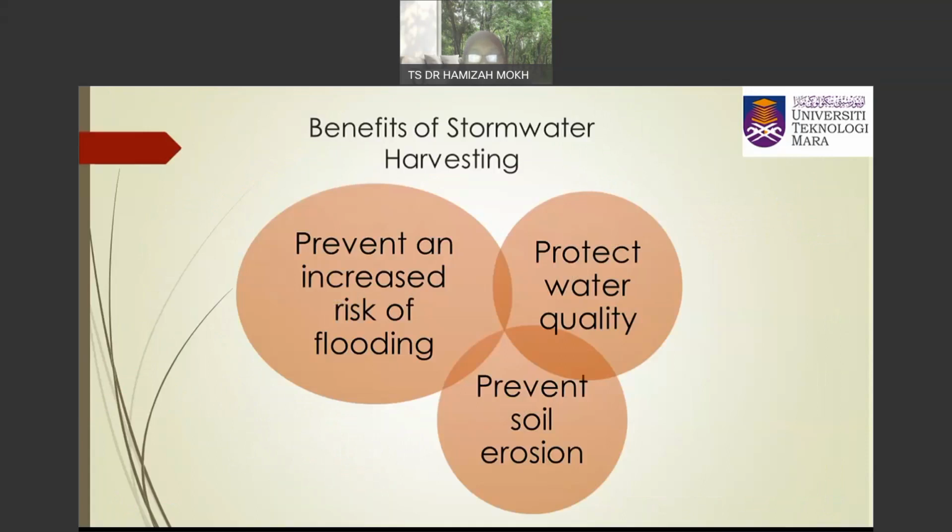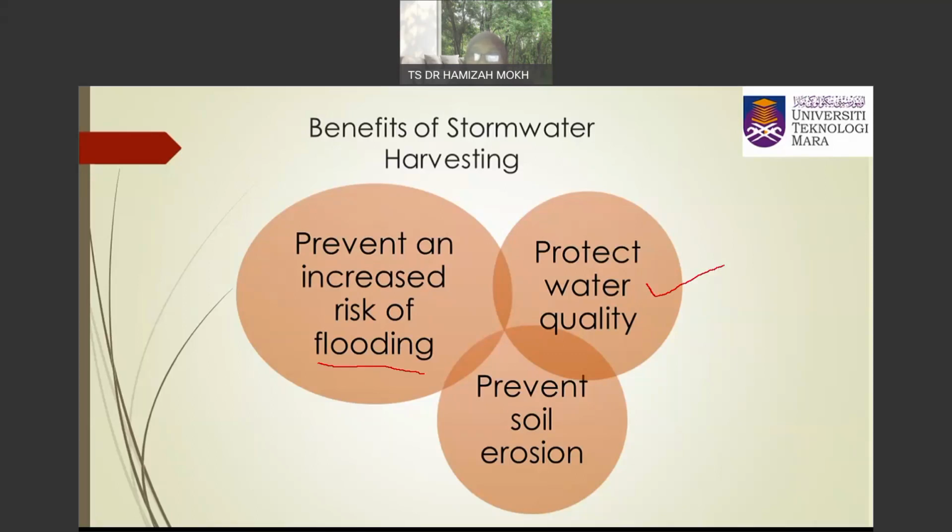Basically, the benefits of stormwater harvesting, the first one, it can help in preventing risk of flooding. Because the stormwater that comes from the rain will be collected, we can reduce the surface runoff on the road, on the land also, and we can reduce the flood from occurring. Next one is protect the water quality.